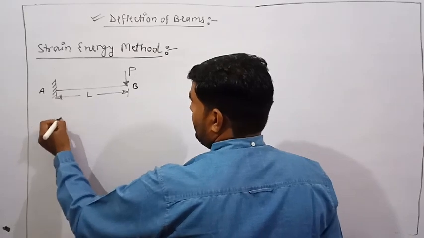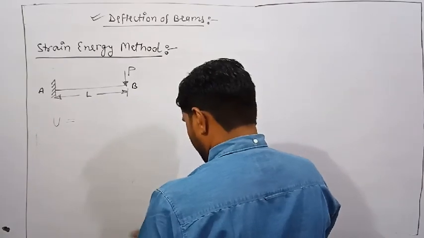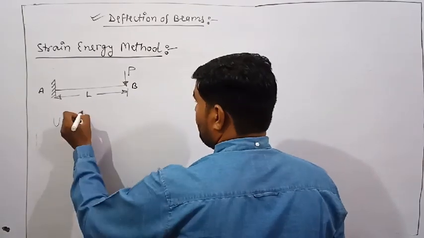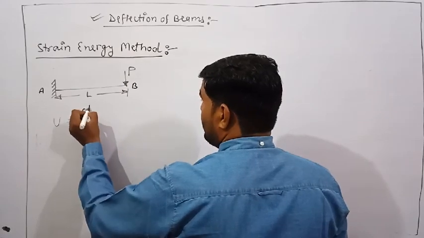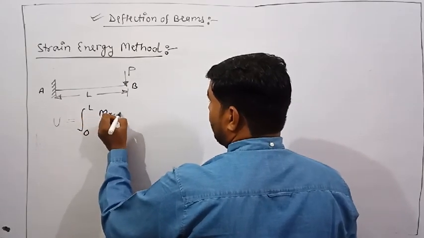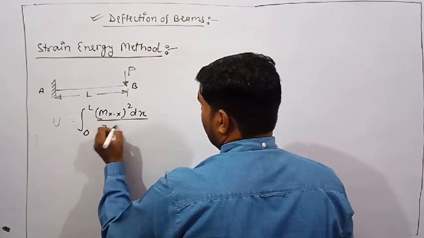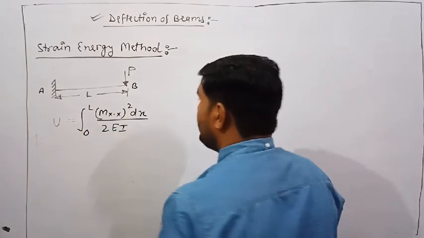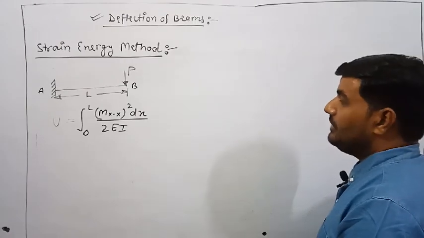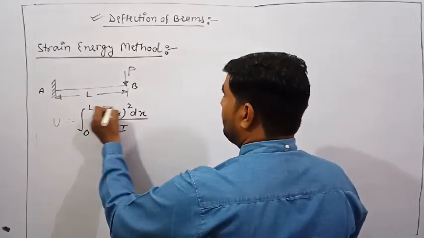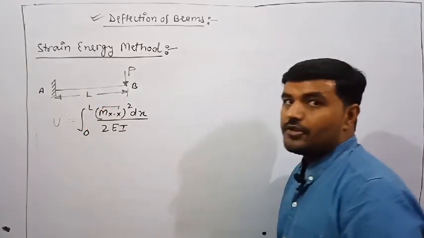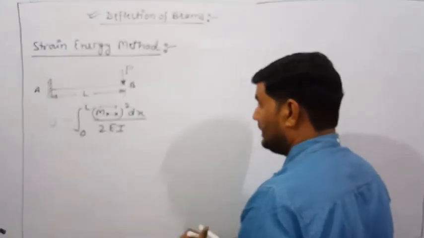So according to the strain energy theorem, what is our equation? Strain energy U equals integration 0 to L, moment about section x, whole square, dx upon 2EI. So students, I have to calculate the moment about section x.